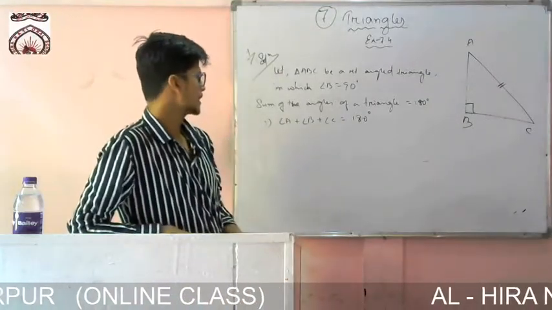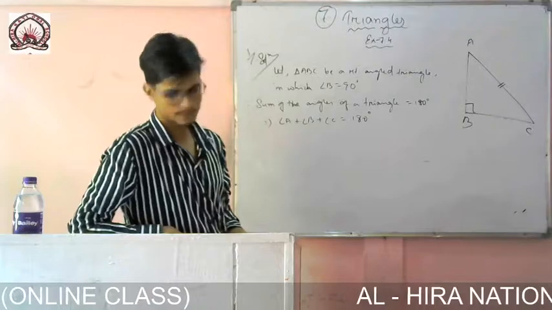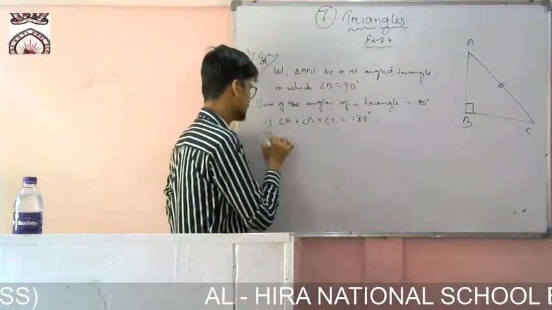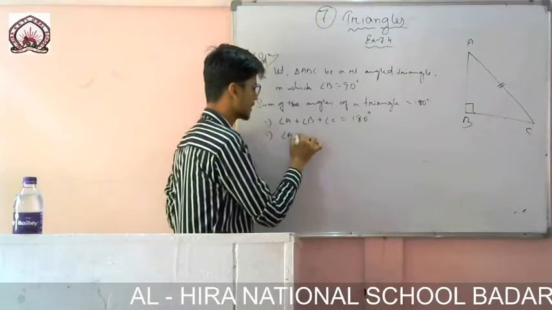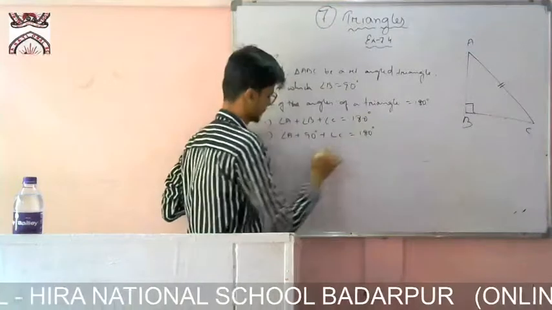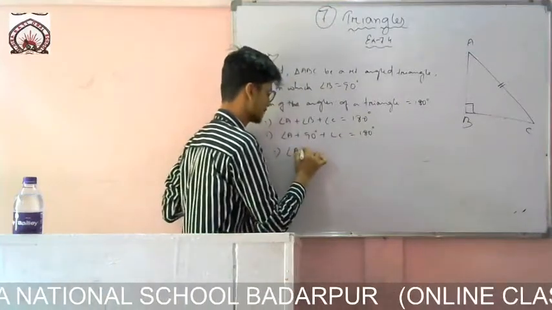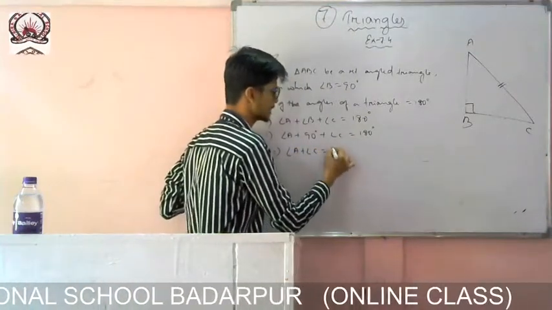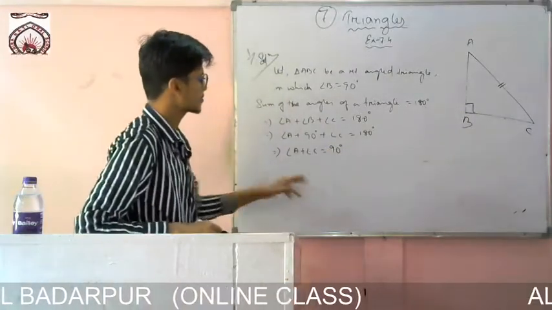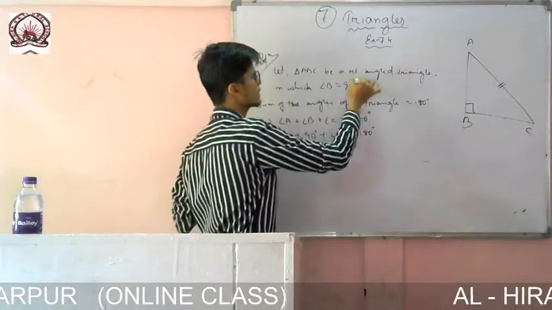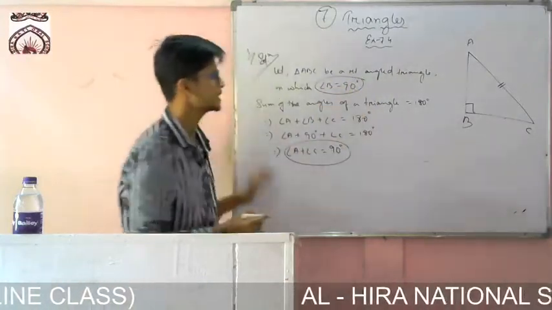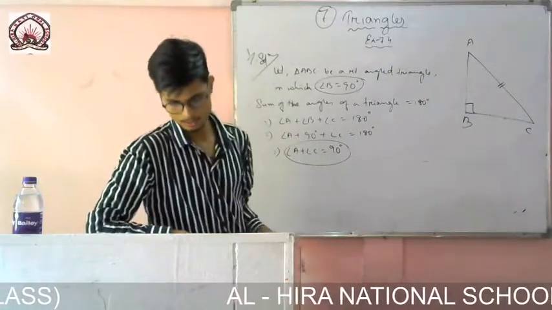So I can write angle A plus angle B plus angle C equals 180 degree. Angle B is given 90 degrees, so angle A plus 90 plus angle C equals 180, which implies angle A plus angle C equals 180 minus 90, it will be 90. Angle A plus C is equal to 90 and angle B is also equal to 90.